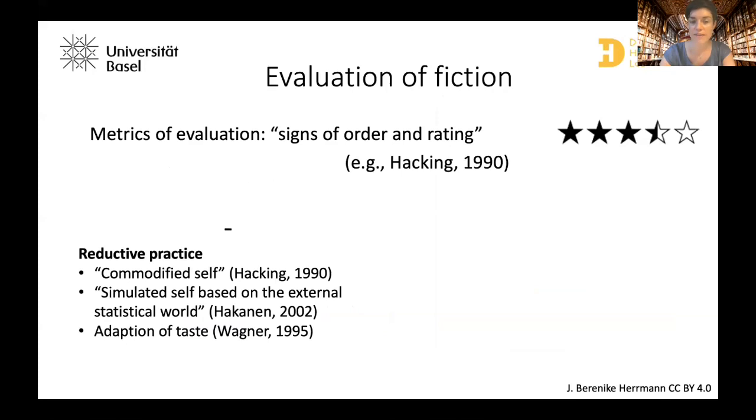There is a contraposition which says this is a reductive practice, that people who engage in it are producing a commodified self, a simulated self based on the external statistical world, which actually produces an adaptation of taste, so that the taste people have is produced by the system and not coming from the people.